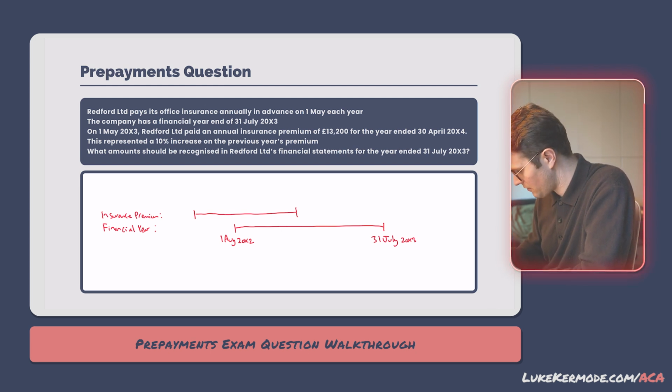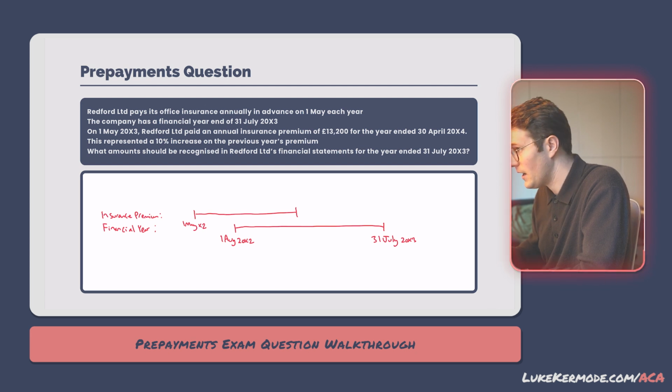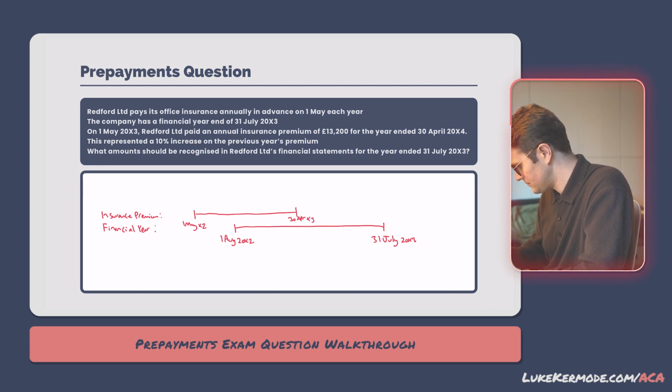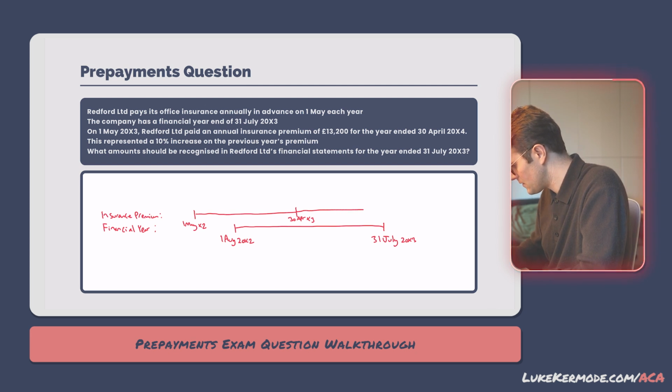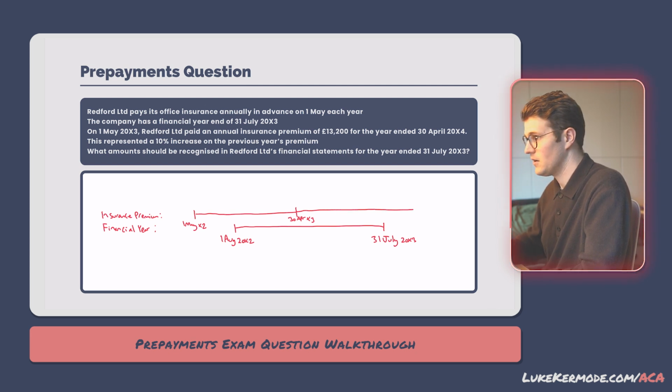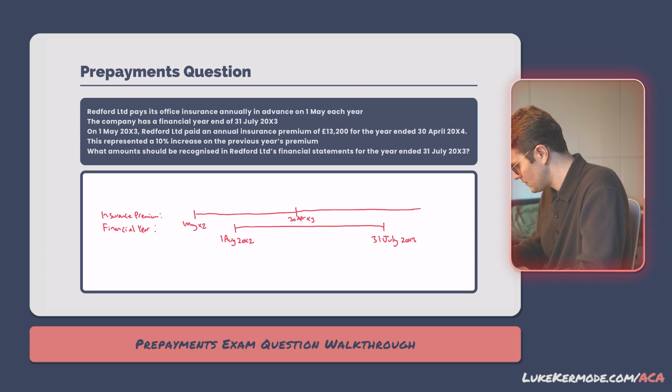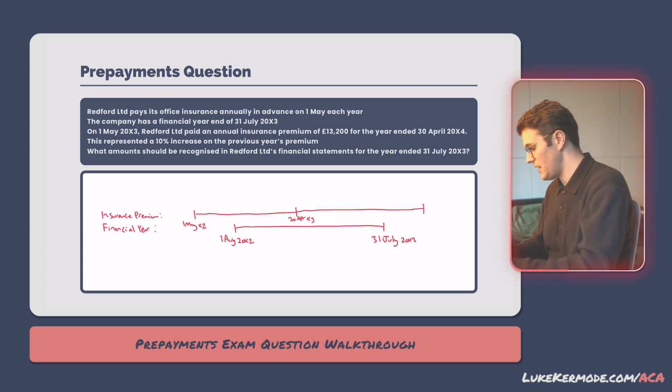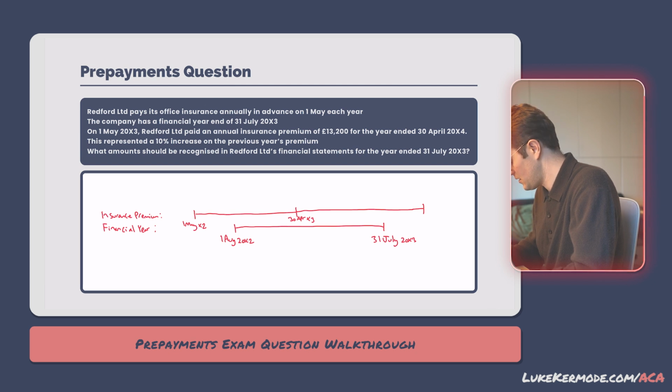So that means it starts on the 1st of May 2002 and it ends on the 30th of April 2003. And then the second coverage period runs from the 1st of May 2003 to 30th of April 2004.